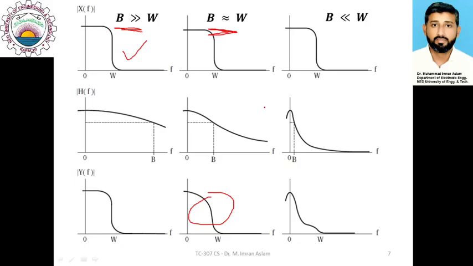These curves are arbitrary, but I have tried to illustrate how signal transmission gets affected by the bandwidth of the system. So it is significantly important to realize how the system would behave in the frequency domain.